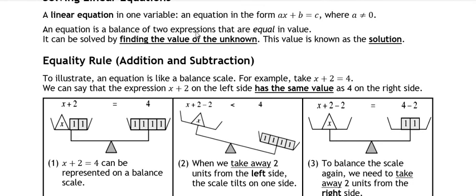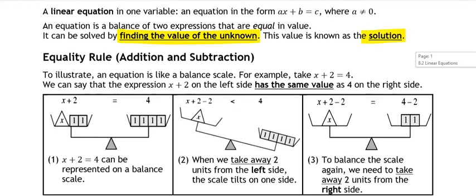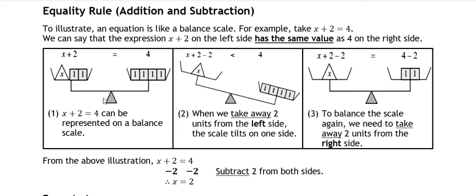So for a linear equation to be solved, you are trying to find the value of the unknown. This value of the unknown is known as the solution for your linear equation. For example, take x plus 2 equals 4. You can represent this x plus 2 on a balanced scale.